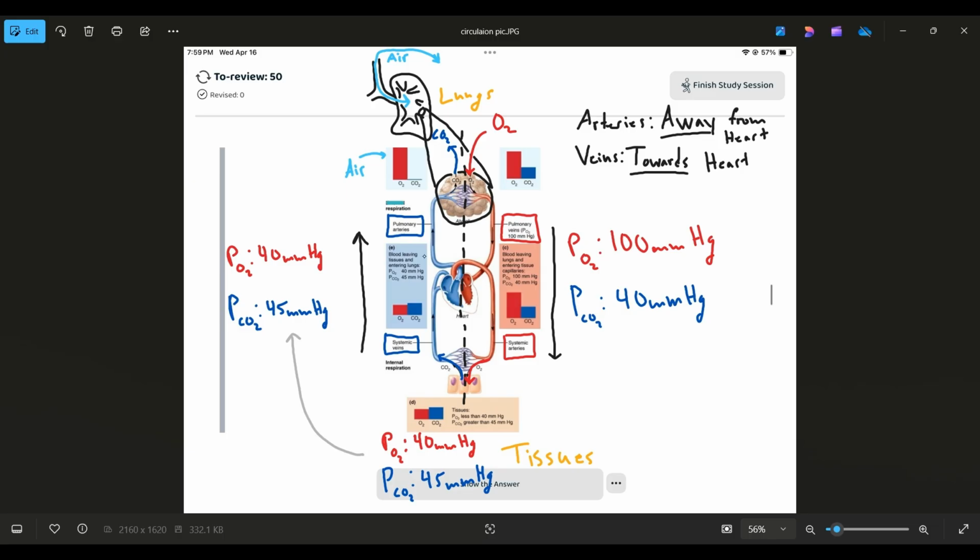So we have the pulmonary arteries that run away from the heart, and they go first here in the lungs, where they turn into these capillaries, like we talked about, on the alveoli.